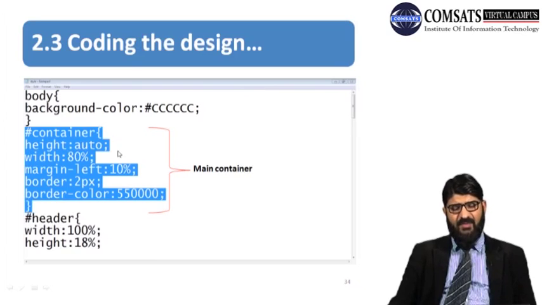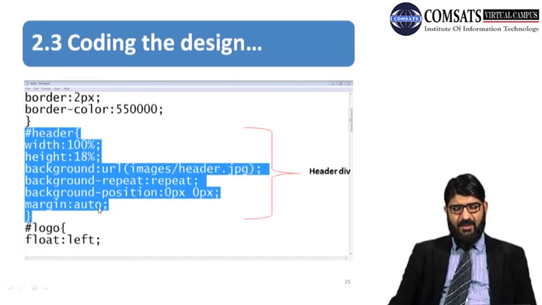The height is given with the value auto, the width is given with 80%, and then the margin is left, that is 10%, and the border is mentioned 2 pixels, and border color is mentioned with the border color code. The div is closed, and then the hash header is used and its particular attributes are given, that is the next div.